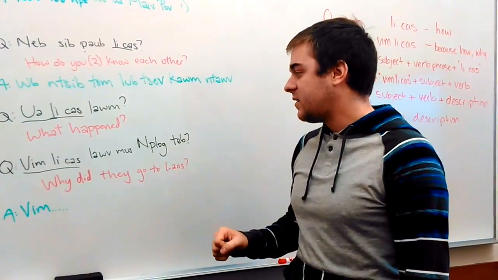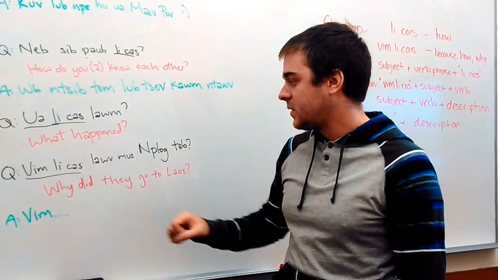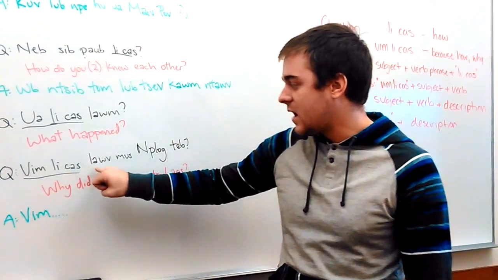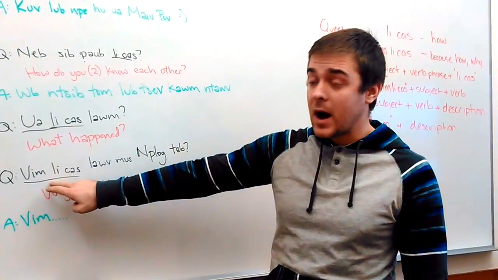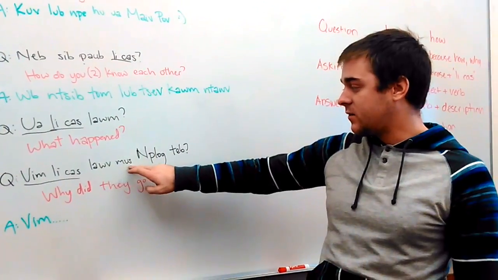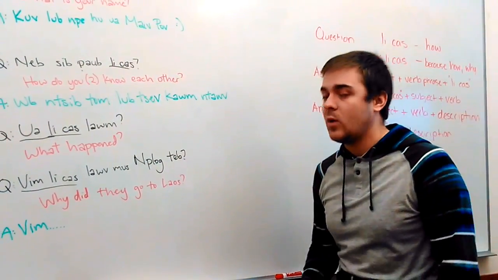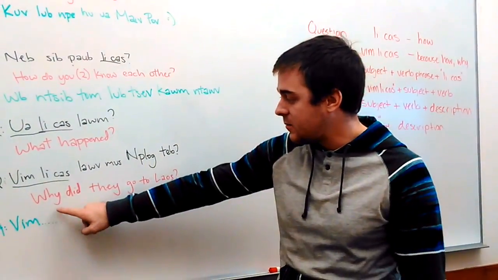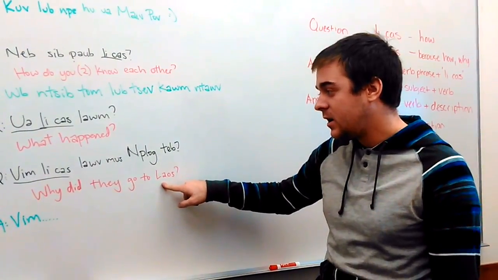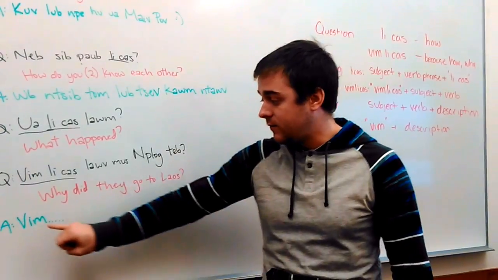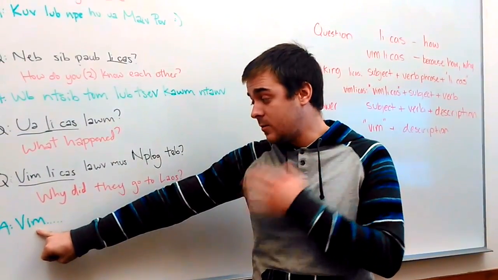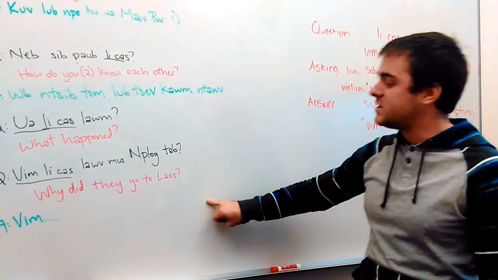The last sentence is vilija lanumrote. We have vilija, which means why, then the subject, verb, and where they went. That means, why did they go to Laos? To answer that, all you need to do is say the reason at the beginning of the sentence.